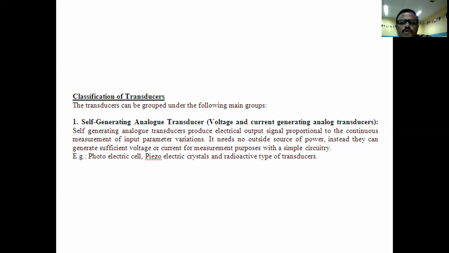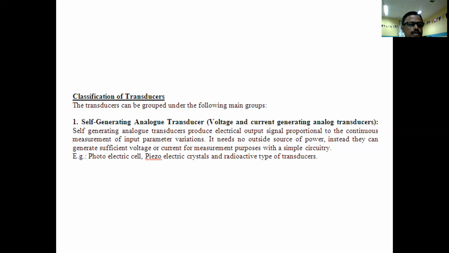It needs no outside source of power. That is, there is no need to supply the power from outside, but instead they can generate sufficient voltage or current for the measurement purposes with a simple circuit.